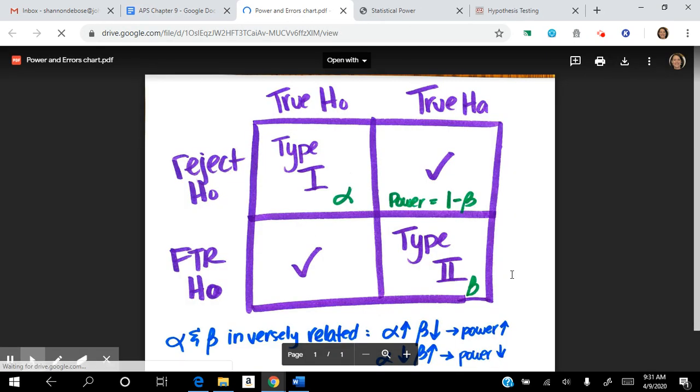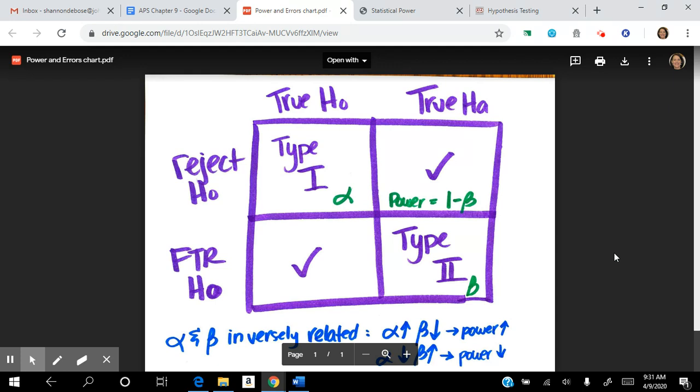So I created this chart using the table that we talked about with the type 1 and the type 2 errors. And the probability of a type 1 error is alpha. You can see that in the upper left box, I wrote alpha in green. And the power would be represented in the upper right box.